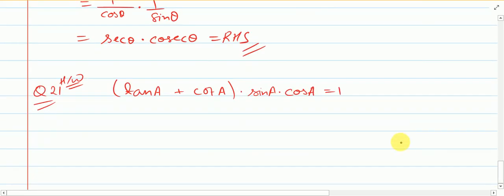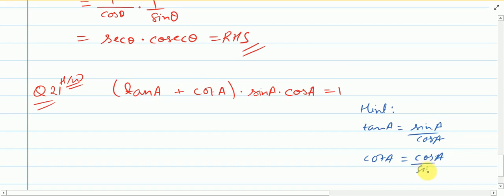Okay, so your hint is write tan A as sin A upon cos A, write cot A as cos A upon sin A, done.